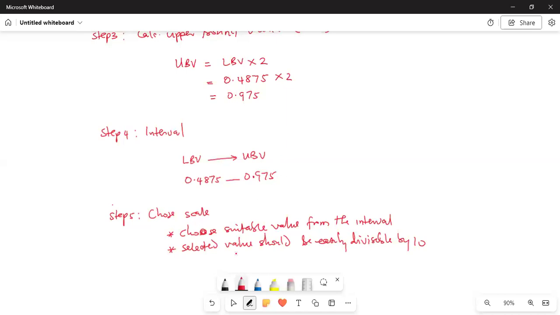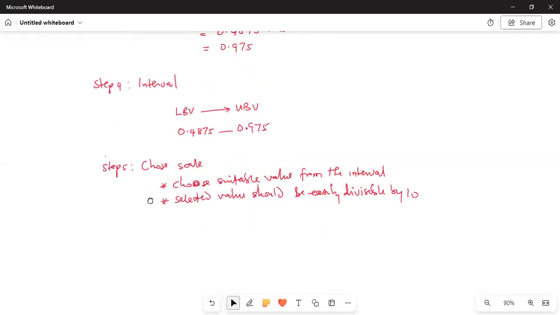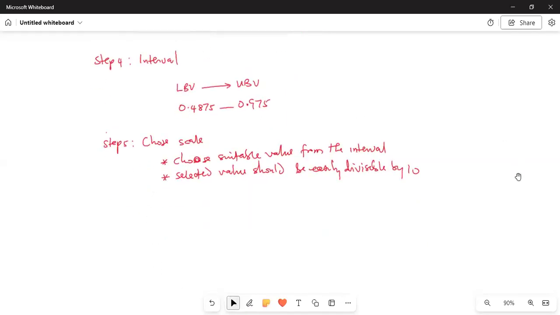All that we are saying is that now, let's see what this interval here now means. The interval here now is that you have all the way from 0.4875 all the way to 0.975. So any value within this can be used. Okay.